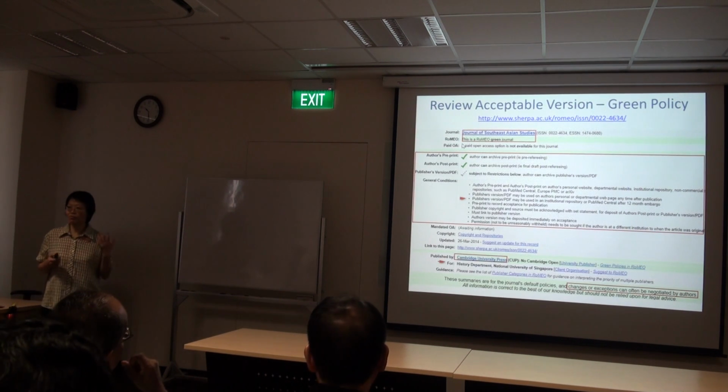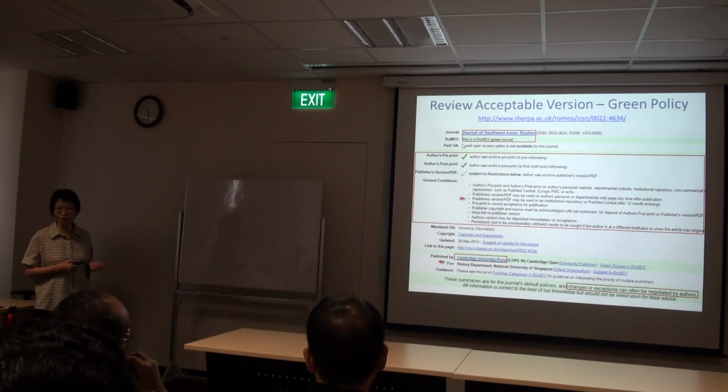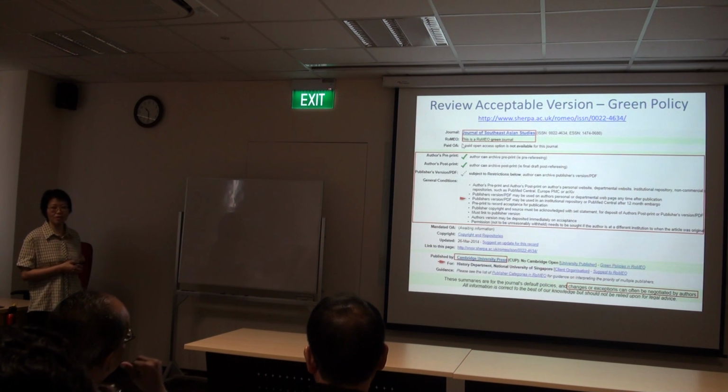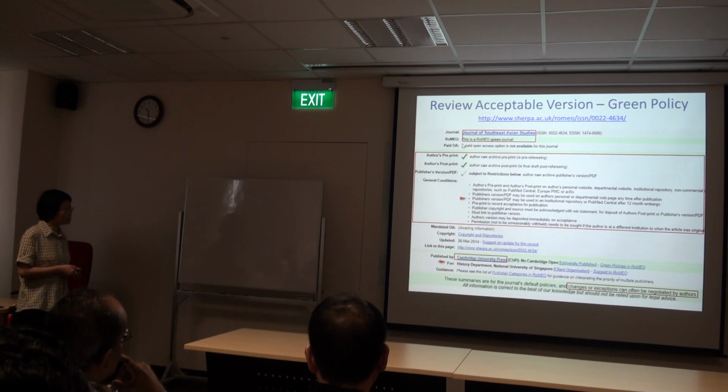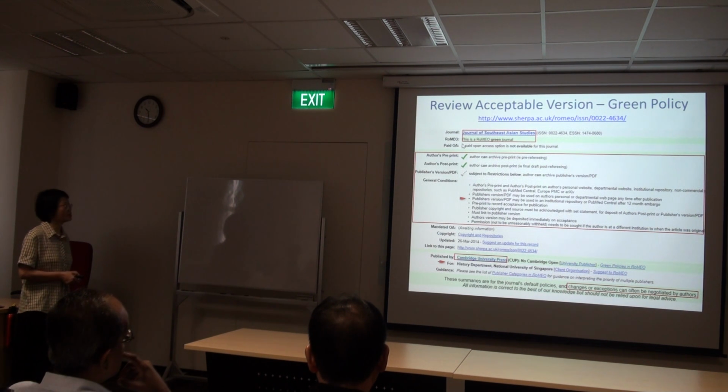So what versions can you deposit in Scholarbank for the various policies? Okay, this is an example. First, the green policy. Okay. The publisher is Cambridge University Press. Okay, and this journal is Journal of Southeast Asian Studies.